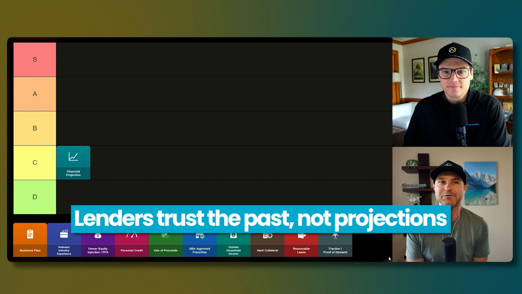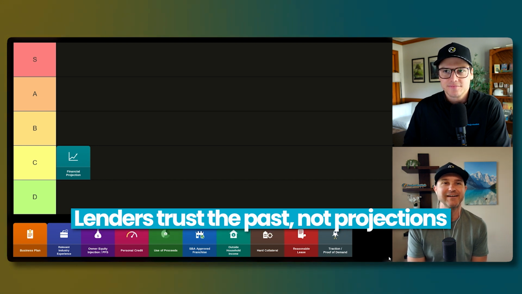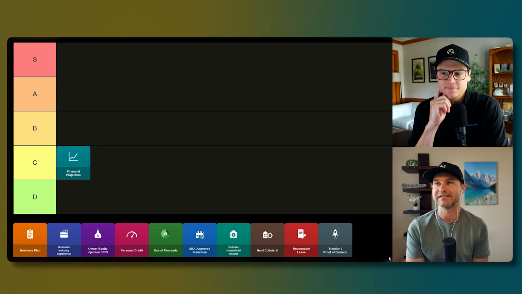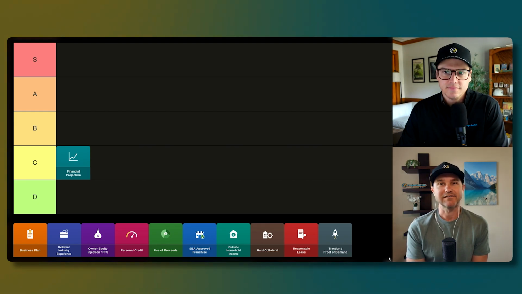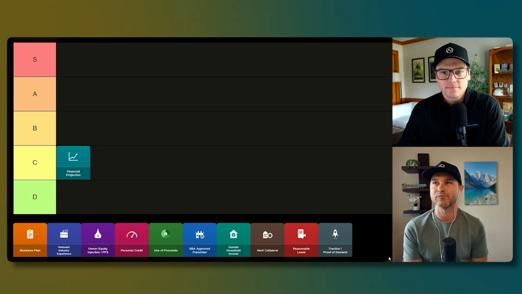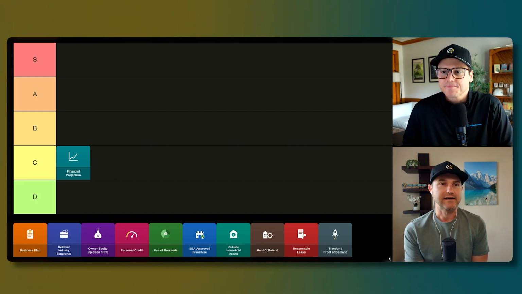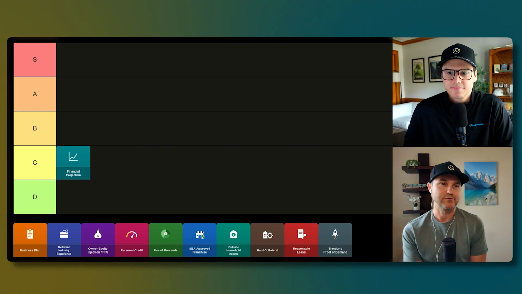Because there's no historical data yet. So you can kind of make it say whatever you need it to say. I think that's the reality, it's made up. It's a projection, right? It's a forecast. Hopefully it's based on some reasonable assumptions, but the lender's probably not going to make or break the loan based on that. Sure. Let's go ahead and we'll just keep going down the line.